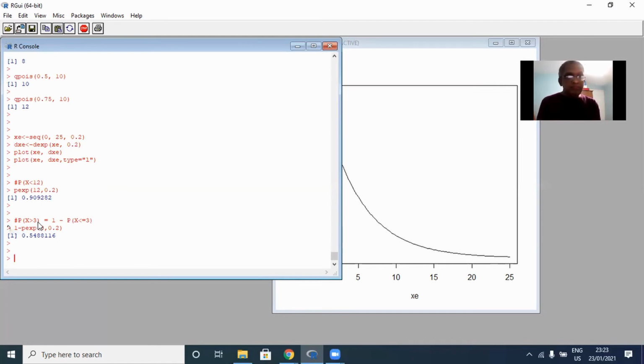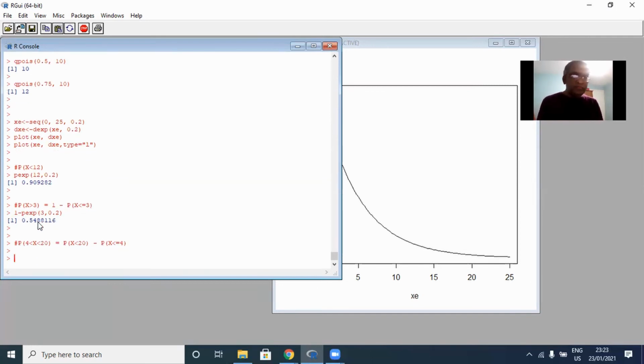Next, we want to find the probability that x is between 4 and 20. You can write this as the probability that x is less than 20 minus the probability that x is less than or equal to 4.